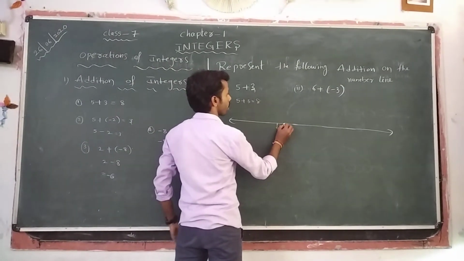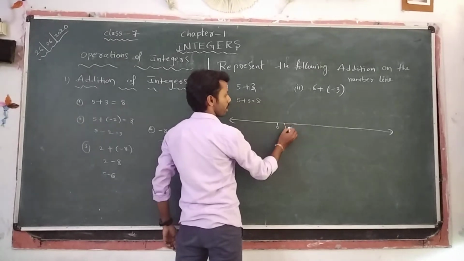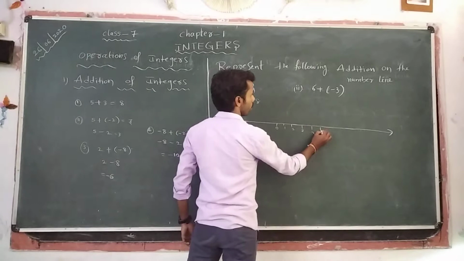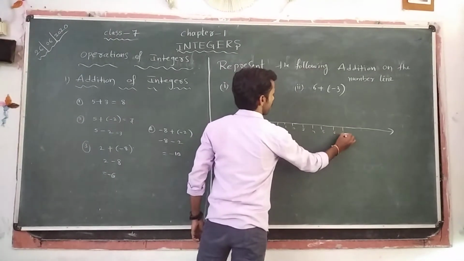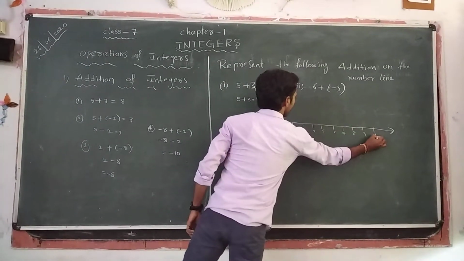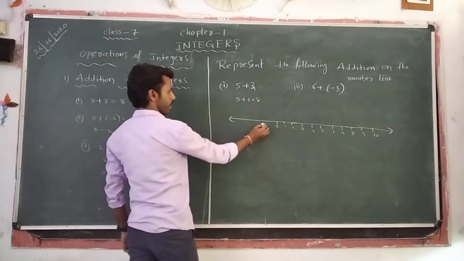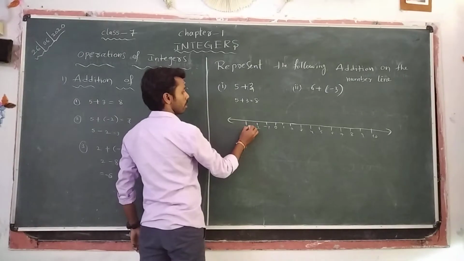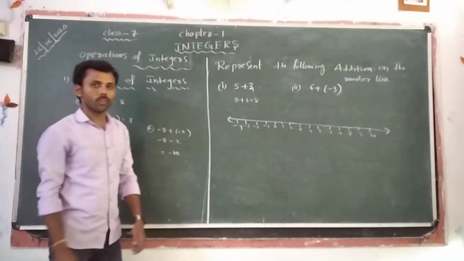Here 0, and to the right side of 0 are the positive numbers 1, 2, 3, 4, 5, 6, 7, 8, 9, 10, and to the left side of 0 are the negative numbers minus 1, minus 2, minus 3 and minus 4.